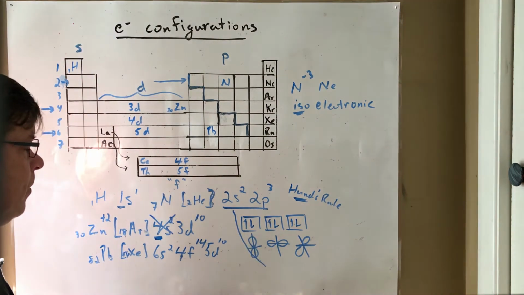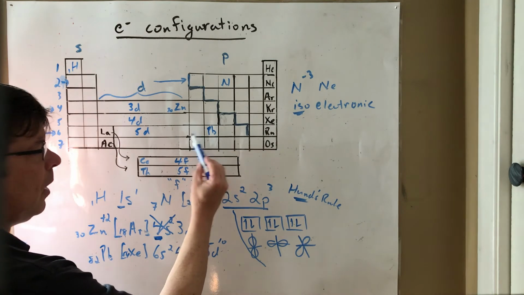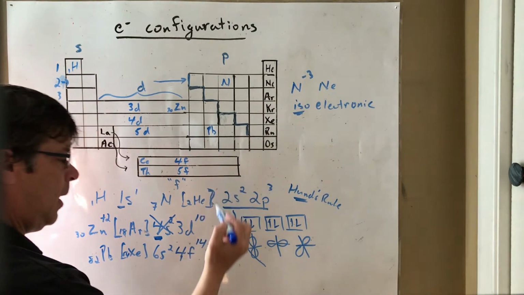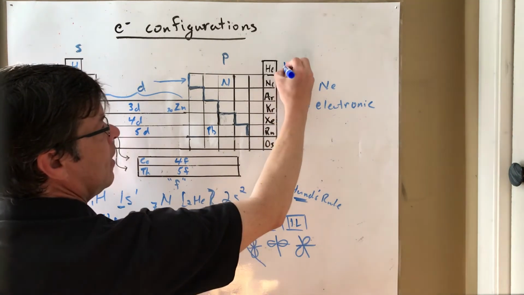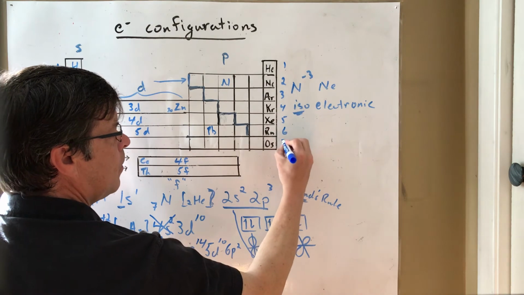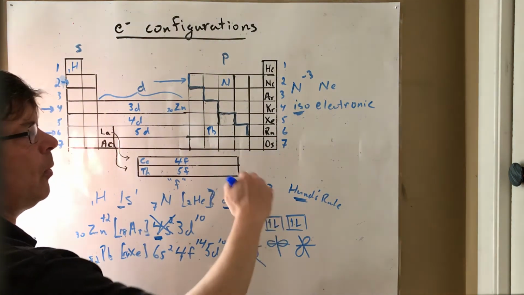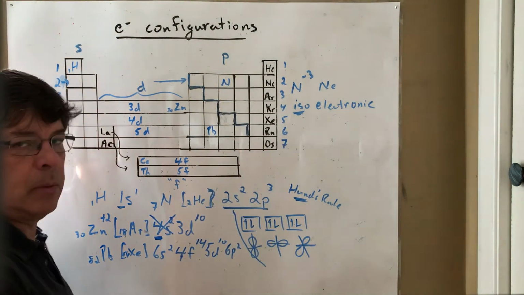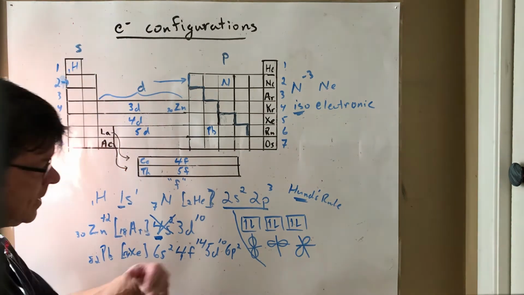Sorry about that. And then we would go right here, and it's 2 into the p, so it would be 6p2. Again, the energy level of the p orbital is always the same as the row, the period number. So that's lead.